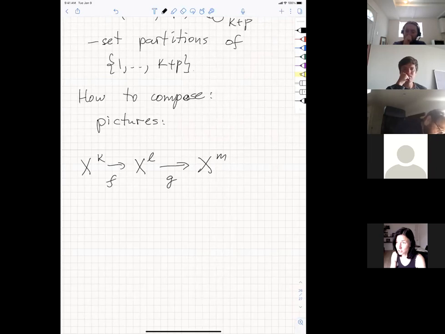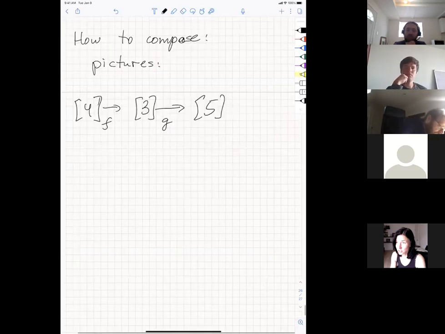How do I compose? Let's say I have 4, 3, and 5. Now I don't have arrows, just dots. There are 4 dots on this level, 3 dots on this level, and 5 dots here.